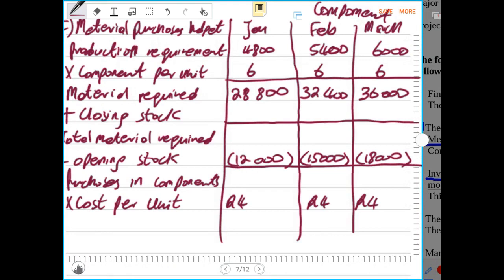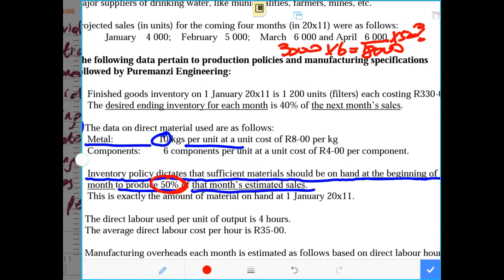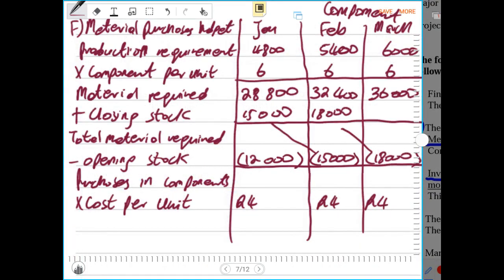So now this will go here as 15,000 closing, and this will go here as 18,000. And we know that the opening of the month of April, which is 18,000, would have been the closing in the month of March. So it will also be 18,000 components that are needed.